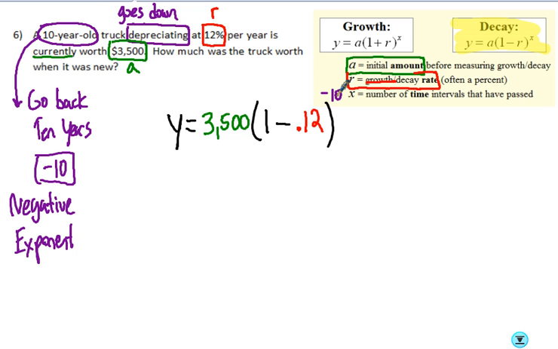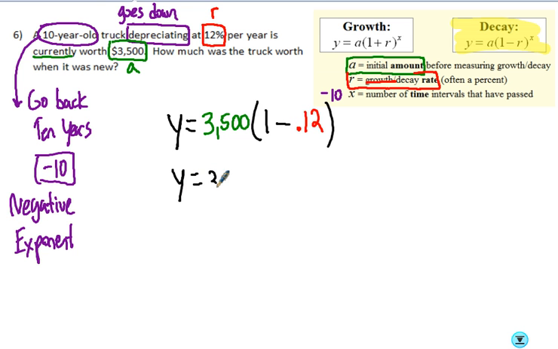Let's make sure we're clear. This is negative because we're going back in time. This is minus because it's decreasing in value. So you have to understand why these two match. It just worked out: negative because going back in time, minus because it's depreciating or getting smaller.